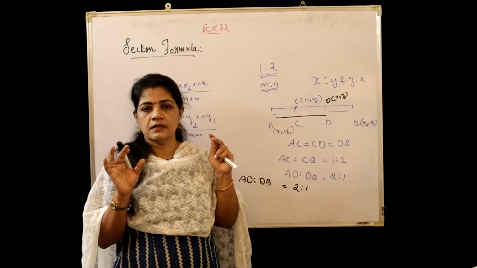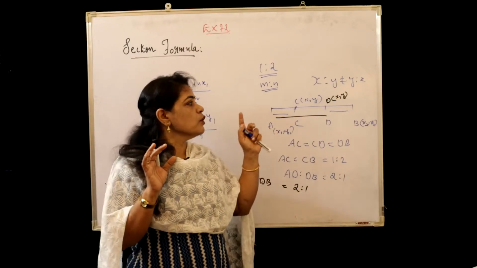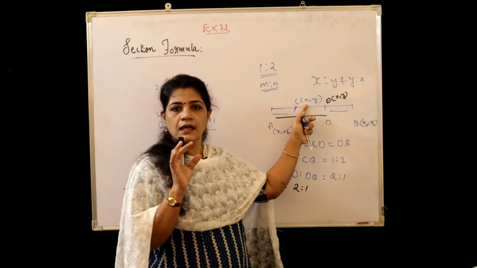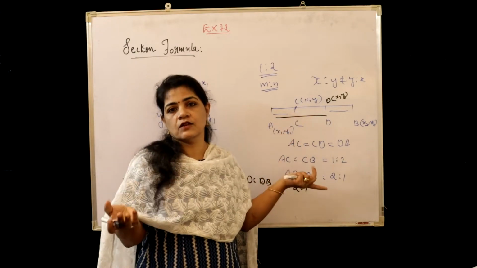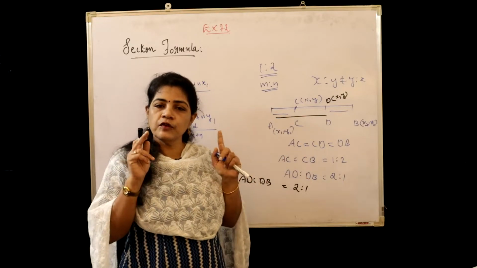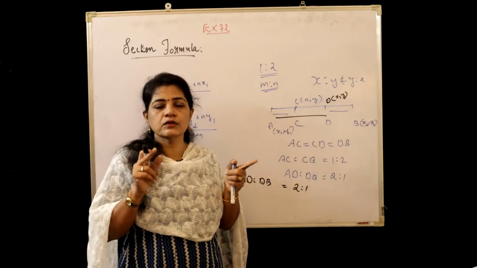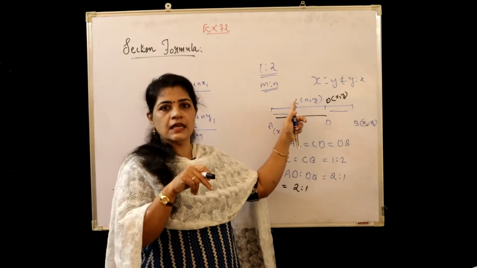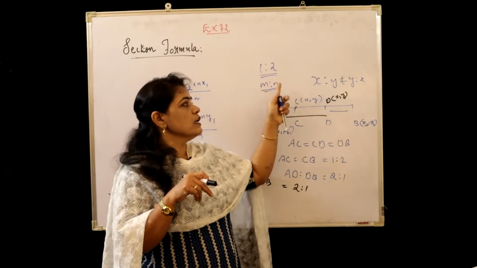My point is this: will you get the coordinates of C without using the section formula? You can definitely use the section formula to get the values of x and y for C by taking the ratio 1:2.